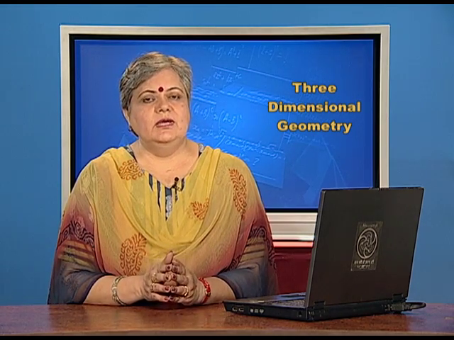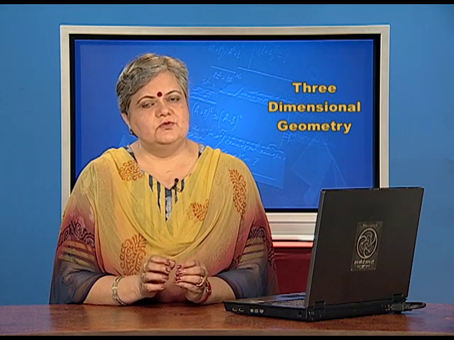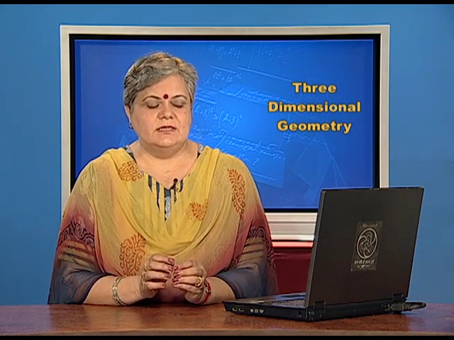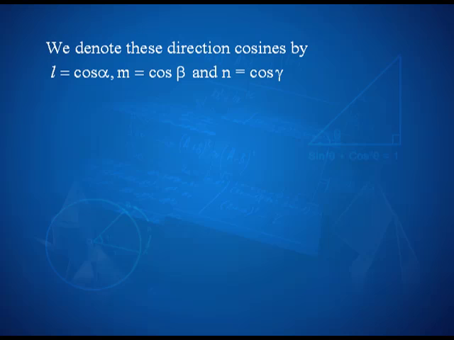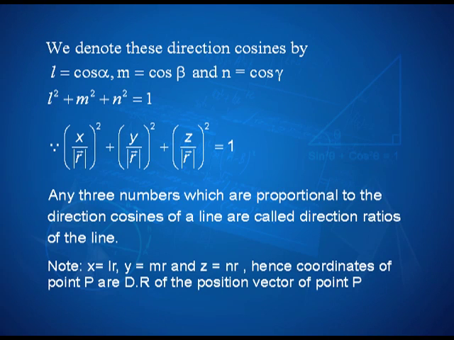Now, let us also look at some of the small results which will also be significant. The notation that we have for cos alpha, cos beta, cos gamma is L, M, N. They have a relation L square plus M square plus N square equal to 1, and any three numbers which are proportional to the direction cosines are called direction ratios.